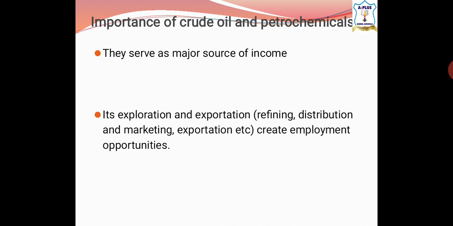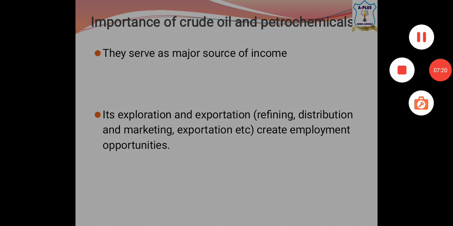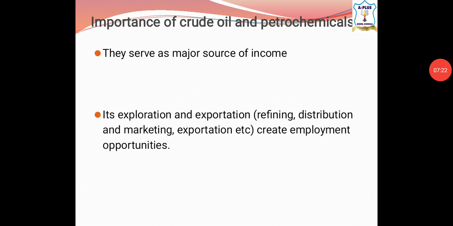Another one is exploration and exportation, refining, distribution and marketing. It creates employment opportunities. People working in the refineries are paid by the government.